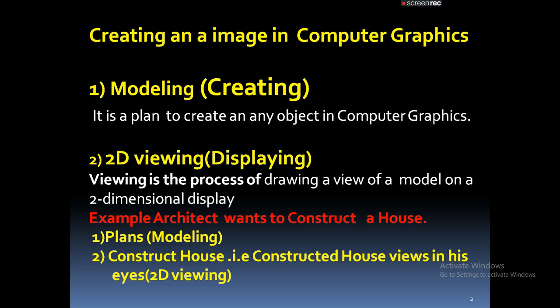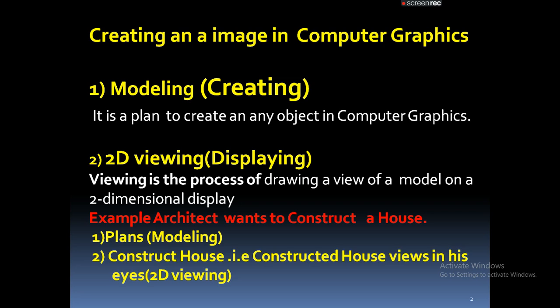As we know, our screen is nothing but a two-dimensional display. We want to view the already created object on the screen of the monitor. Then we need the two-dimensional viewing concept.